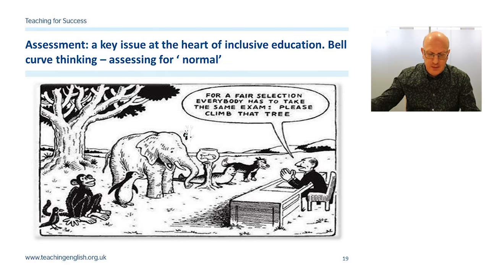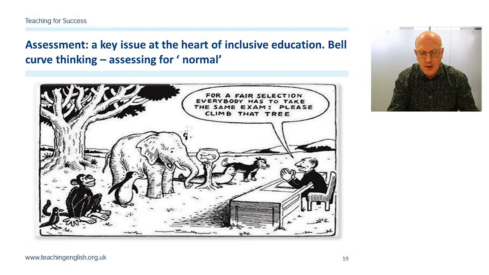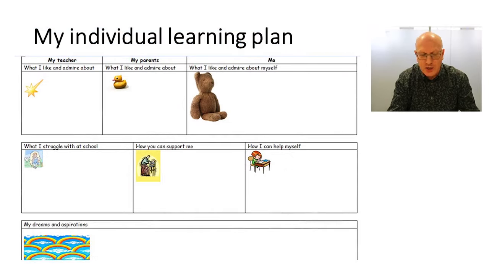Now, I'll go through a whole number of things, which is quite visual, and we don't need to spend a long time on, but I'll show you. In the previous session, we looked at something called an individual learning plan, a plan that was given by the school and teachers. This is an alternative version that learners can develop as their own individual learning plan.